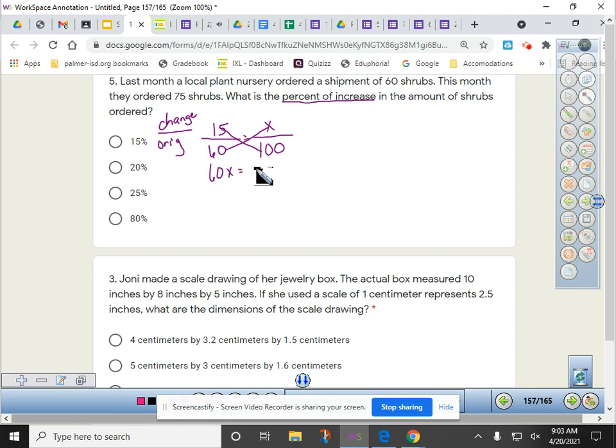60x, what's 15 times 100? Now what? Divide both sides by 60. Can you mark off a 0? Yes.